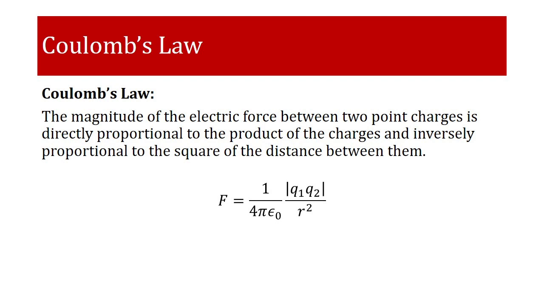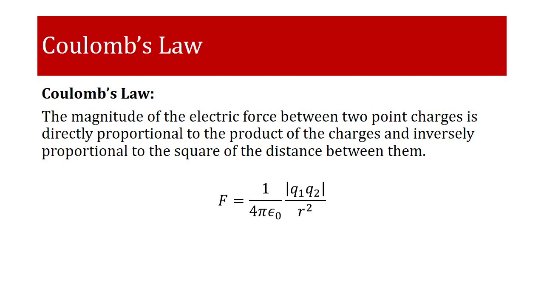However, this formula is derived from the following formula, wherein the K, the constant there, is actually a shorthand or shortcut for writing the more technical term 1 over 4 pi epsilon naught. It is read as epsilon naught or epsilon 0.